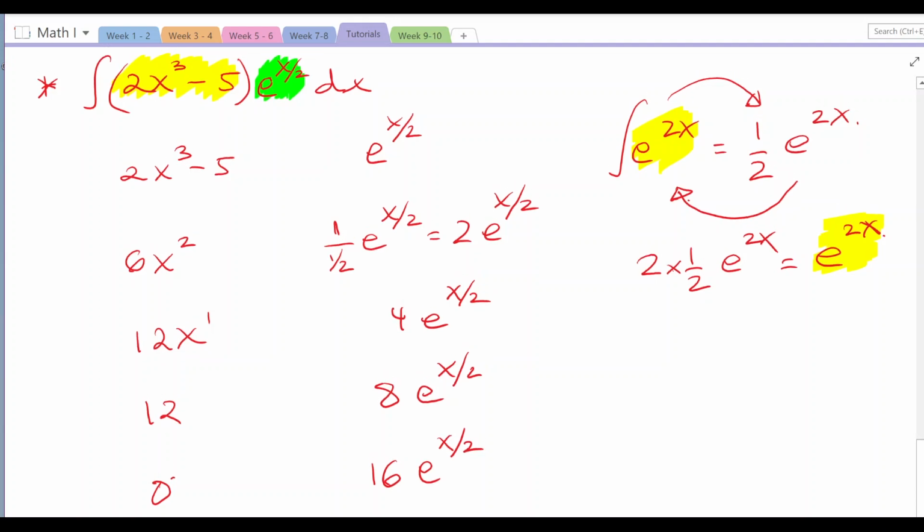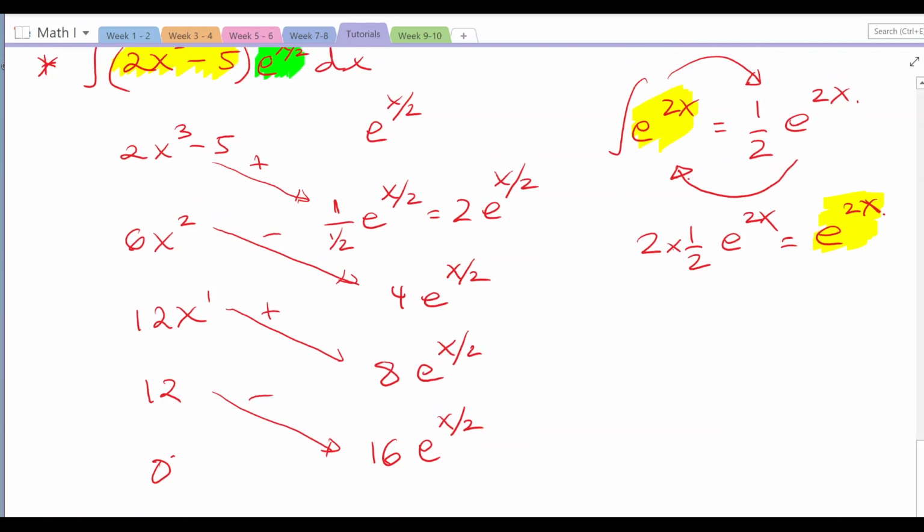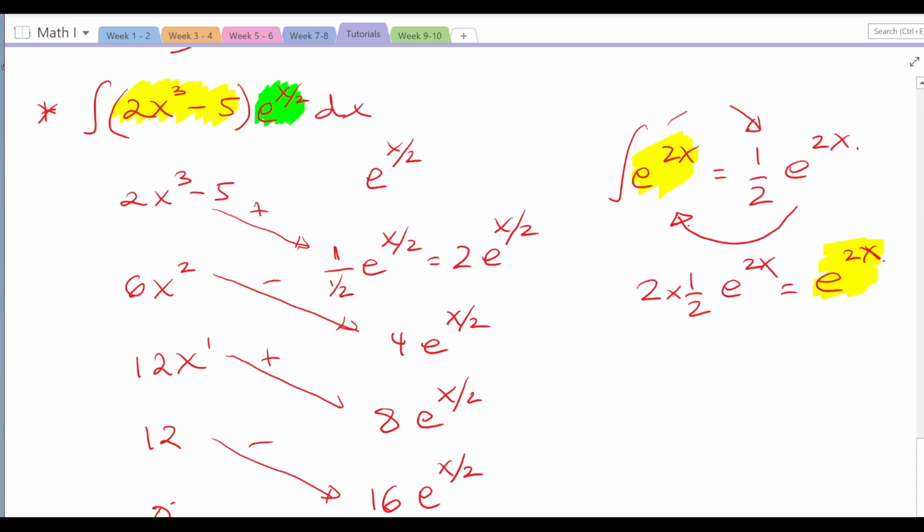Just like any other tabular method, we're going to cross this part with that one, this part with that one, this part with that one. The signs are positive, negative, positive, negative. Let me just delete the first term here.